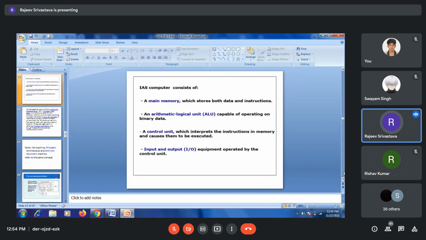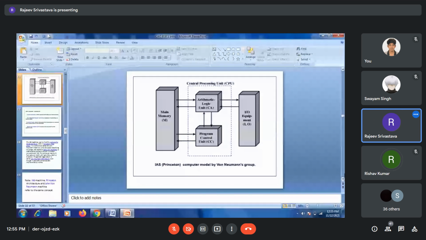Again, the IAS computer also consists of the same thing, main memory, which stores, that is, this is the more specific computer. As we started from the general block diagram, the von Neumann concept, then we have the Princeton architecture, and this is the actual computer model which was developed by the Institute of Advanced Studies.